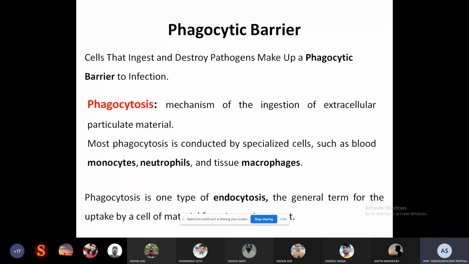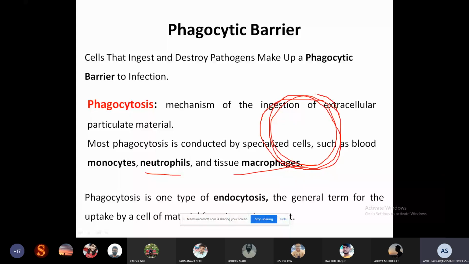We also know that whenever infection happens, macrophages and neutrophils rush to that place first. They are the first to reach that place because all the time these macrophages and neutrophils, mostly macrophages, are roaming around inside our body through blood and also through the lymph. They are trying to reach every corner of our body.